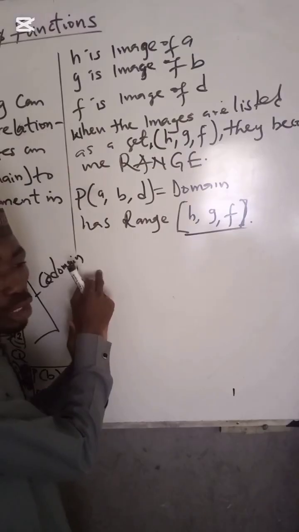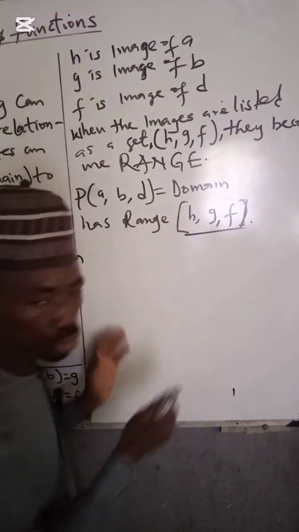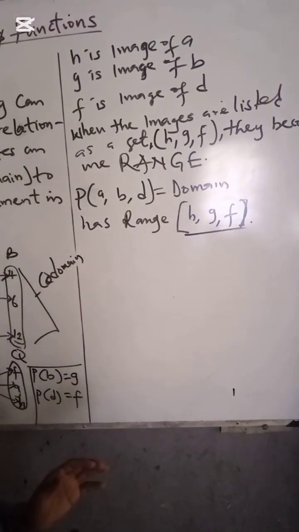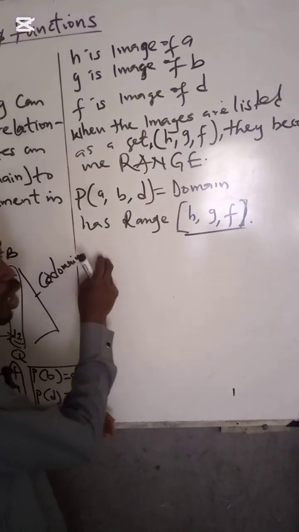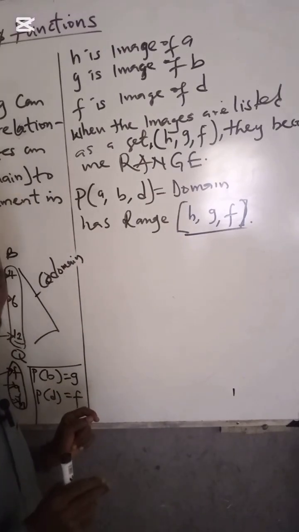Every domain must have a codomain, and this codomain must be unique.